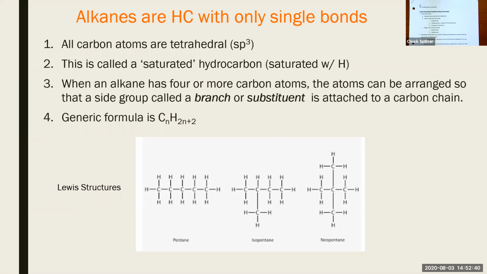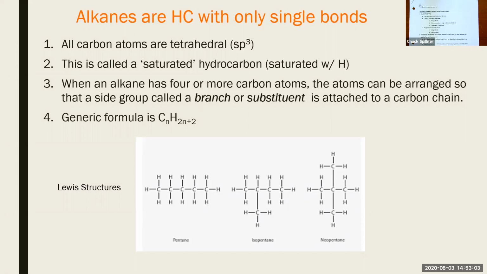So because all the carbons contain single bonds, it's called a saturated molecule. So the alkane hydrocarbons are saturated, and you can think of it as being saturated with hydrogen. You can't add any more carbon-hydrogen bonds to the molecule.